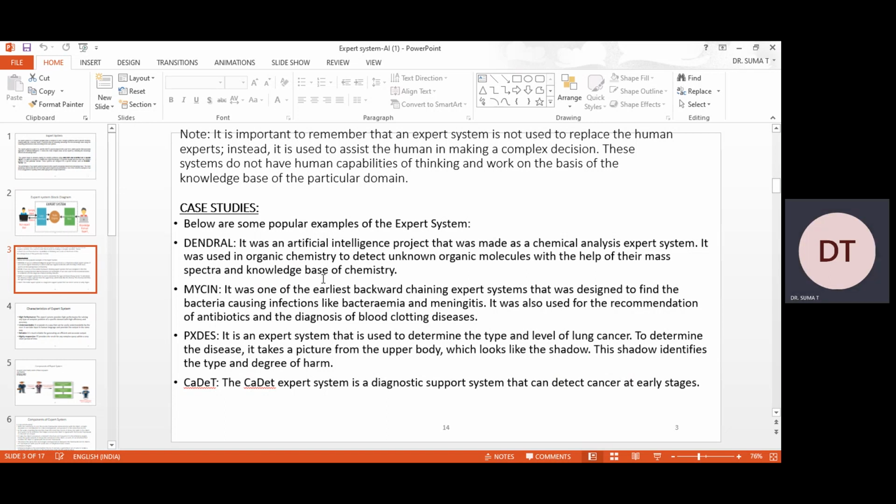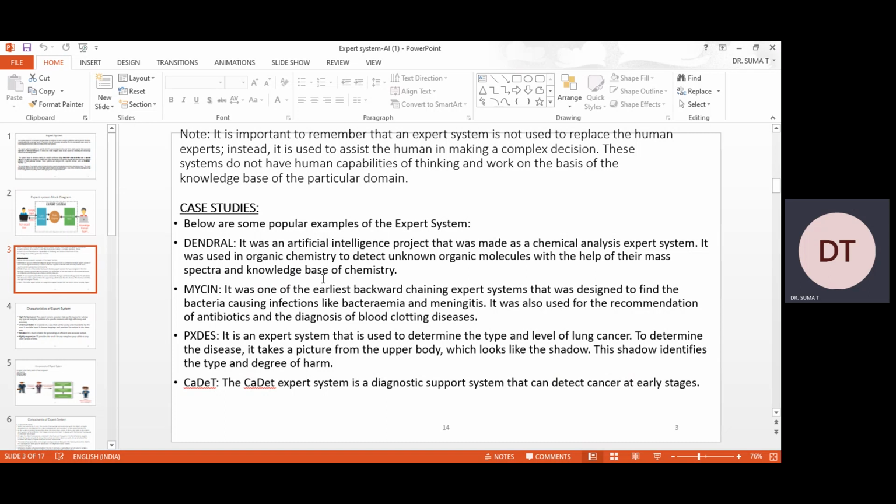It built rules to be used by Dendral, whose job is to determine the structure of complex chemical compounds. MetaDendral was able to induce its rules based on a set of mass spectrometry data. It was then able to identify the molecular structure with very high accuracy.